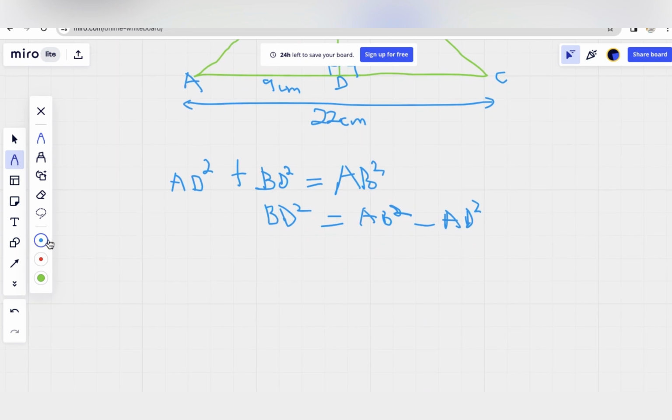So in doing that, we quickly say our BD square is equal to AB square, which is 12. So I simply write 12 square minus AD, which is 9, so minus 9 square. So the next step, you just simply say BD square.